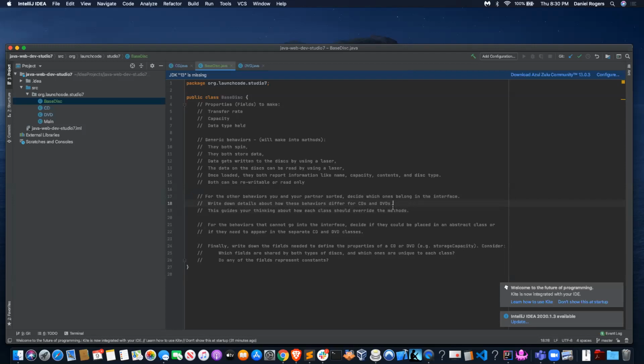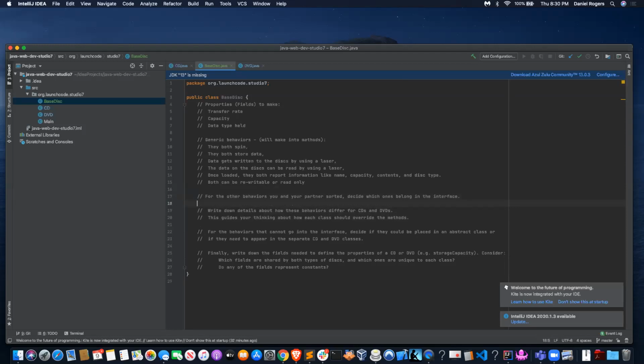Spinning, CD spinning. Okay, so how do those differ for CDs and DVDs?